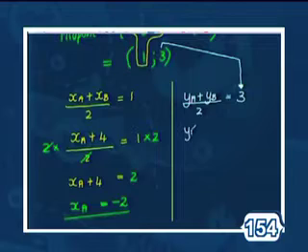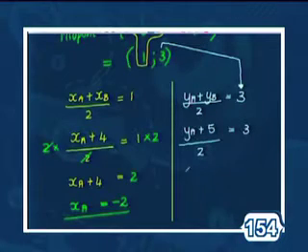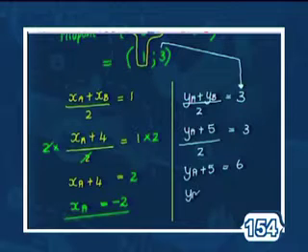So the y at A is our mystery value. The y at B is a 5. Divided by 2 must come to 3. So with similar methods, we're going to multiply both sides by 2. So our right-hand side becomes 6. And so our y value at A becomes 6 minus 5, or 1.